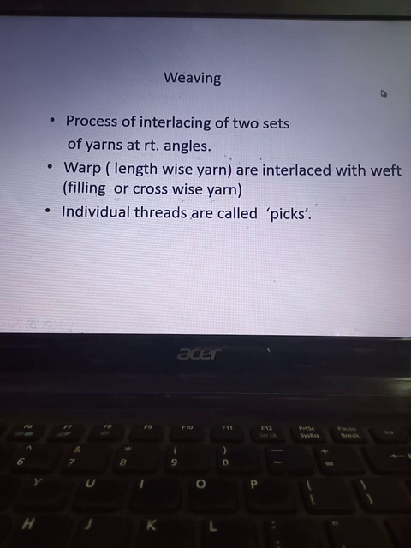Like I have one set of threads like this, another set of threads like this. You can put it simply as horizontal threads, vertical threads, warp and weft. These individual threads are called picks in the textile domain. So weaving is this interlacing, a very interesting definition.